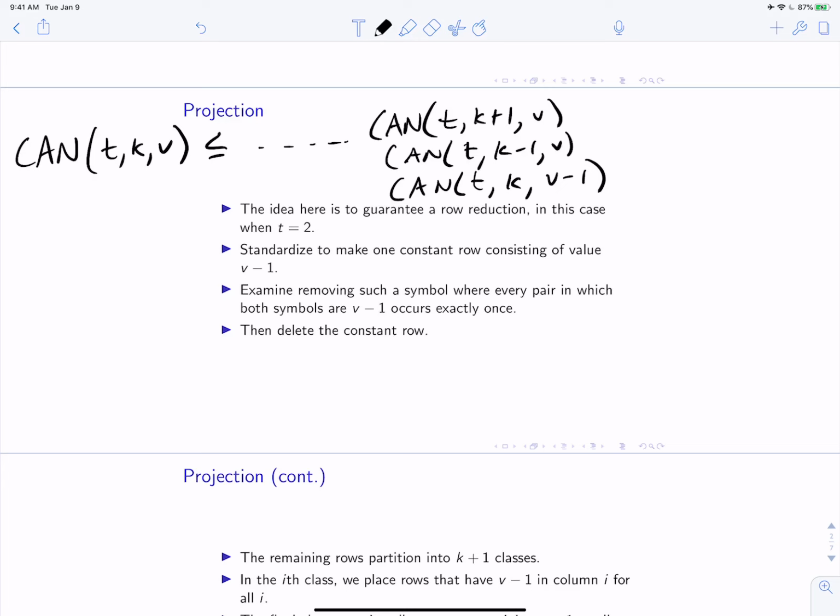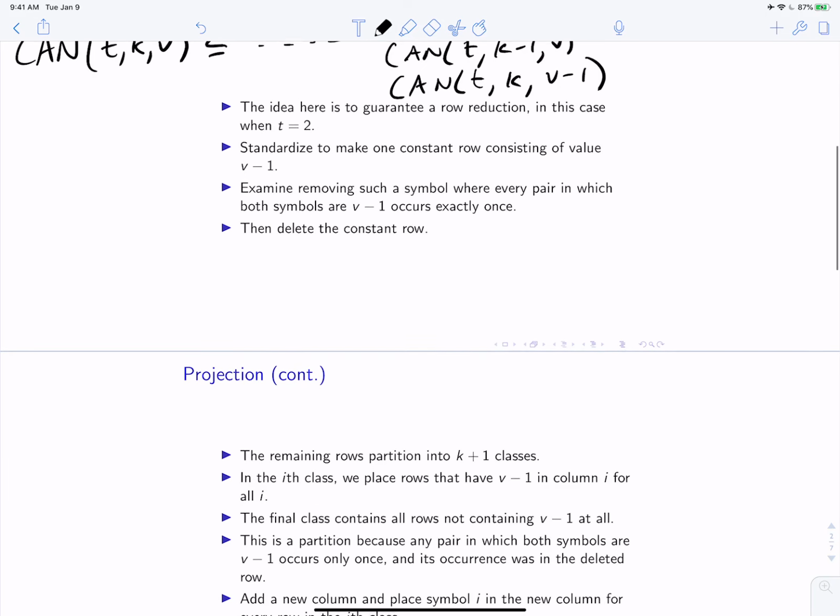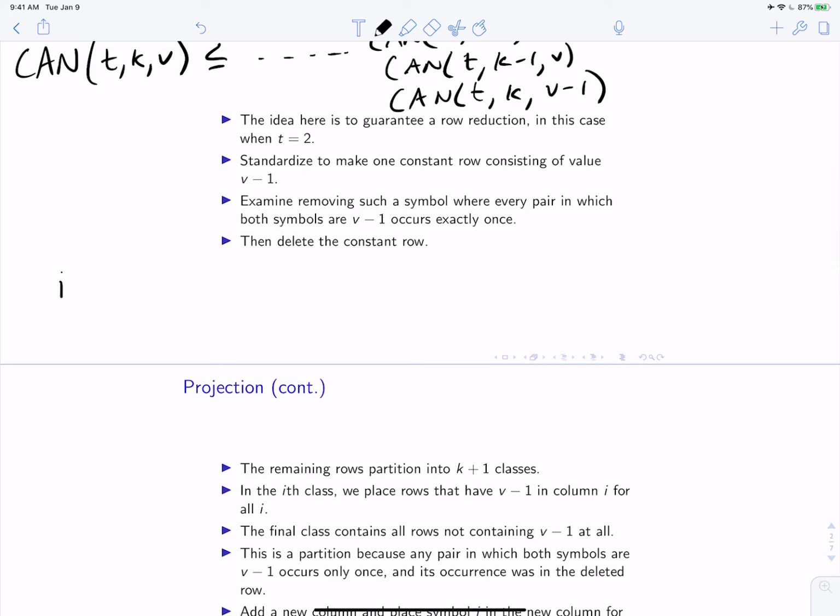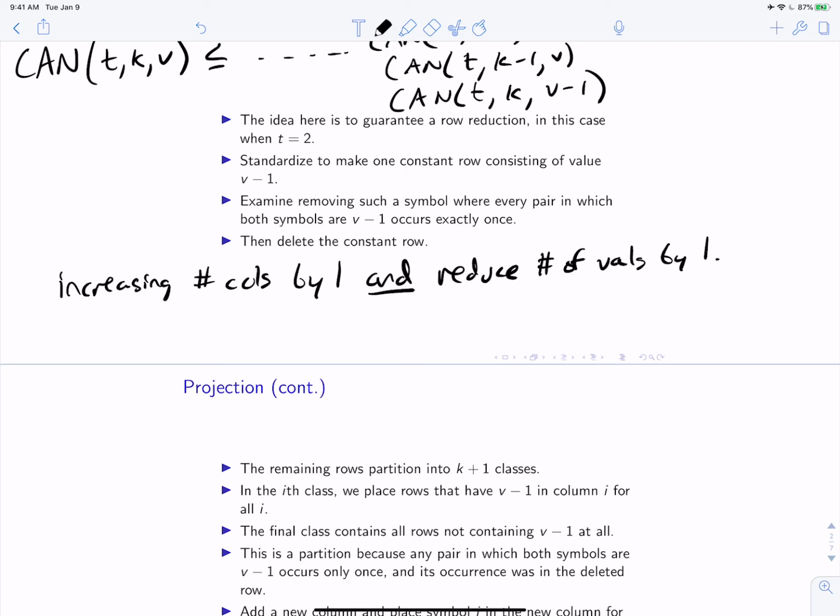And we get some kind of bound for that. So projection is the idea of increasing the number of columns by 1 and reducing the number of values by 1. Or increasing the number of columns by a certain number and decreasing the number of values by the same number. So doing both of those things at the same time.